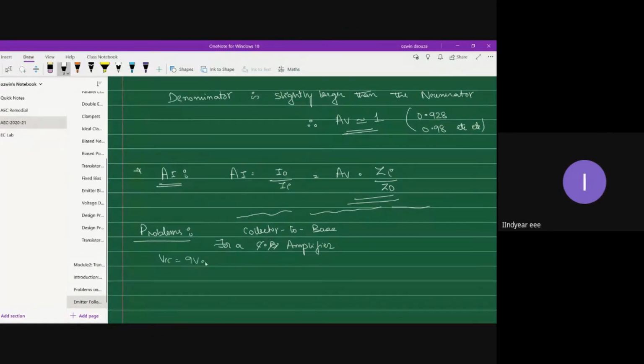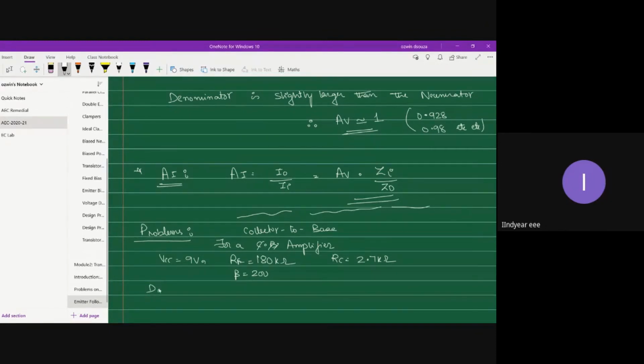VCC is 9 volts. RF is 180 kilo ohms. RC is 2.7 kilo ohms. Beta is 200. Yeah, that's all.